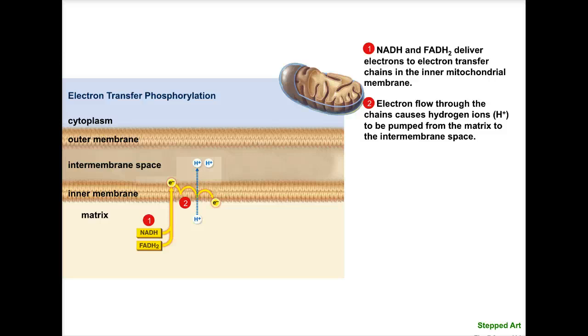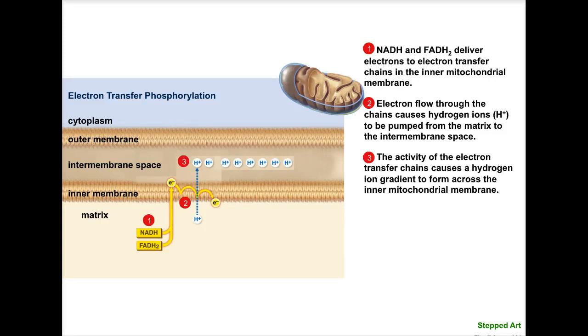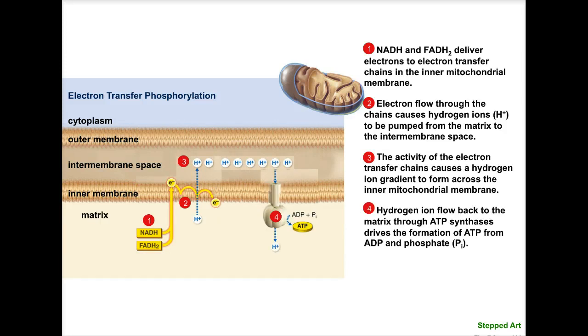And as they're passed through these molecules, that's called an electron flow, they lose energy, and that energy is going to be used to move hydrogen ions, very similar to what we saw in photosynthesis. These hydrogen ions will build up in the intermembrane space. That creates potential energy that will then be used to drive an enzyme called ATP synthase.